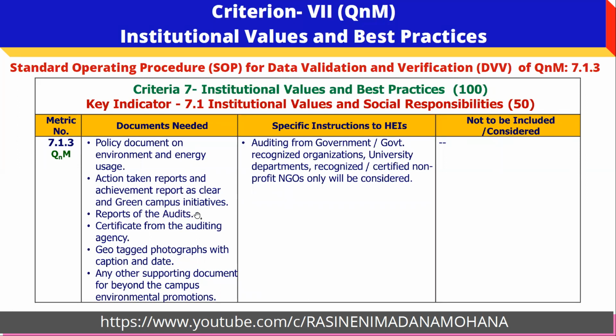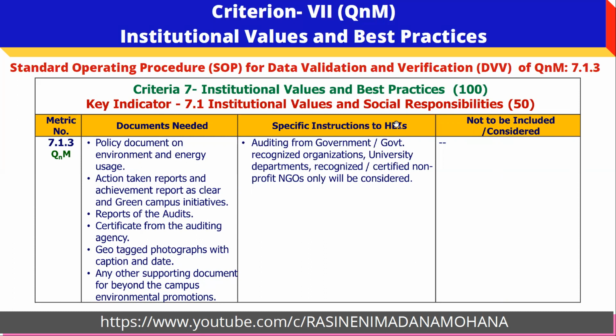Then reports of the audits, that is green audit, environment audit, energy audit, whatever audits you have. Certificate from the auditing agency, geotagged photographs with caption and date for all those initiatives, any other supporting document for beyond the campus environmental promotion activities.